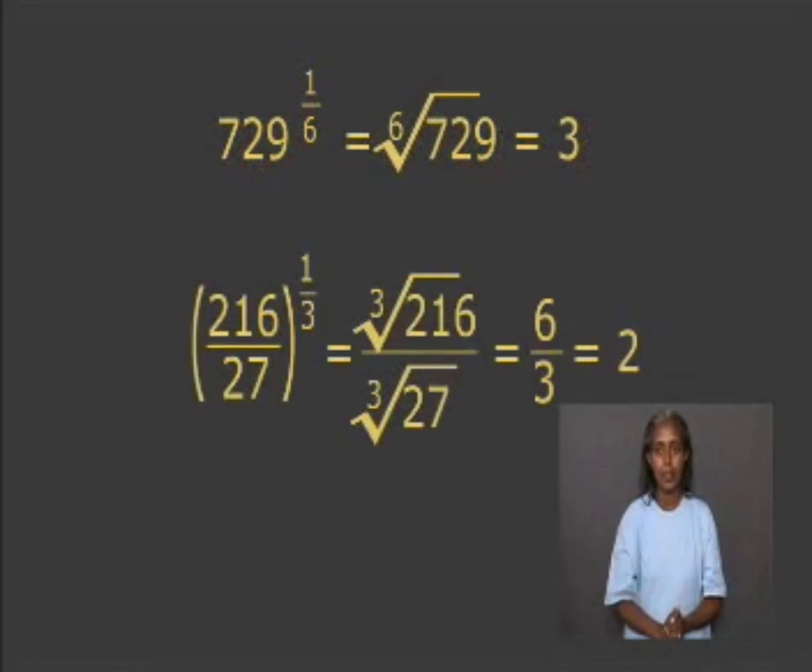The cube root of 216 over 27 is 6 over 3, or 2.